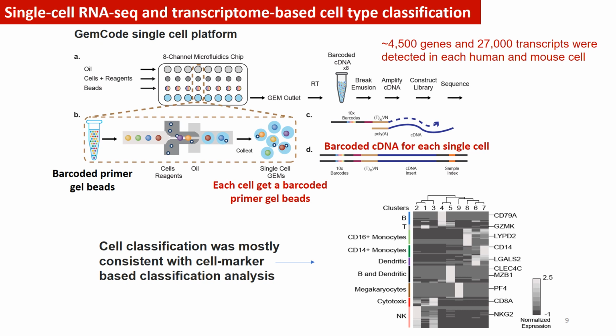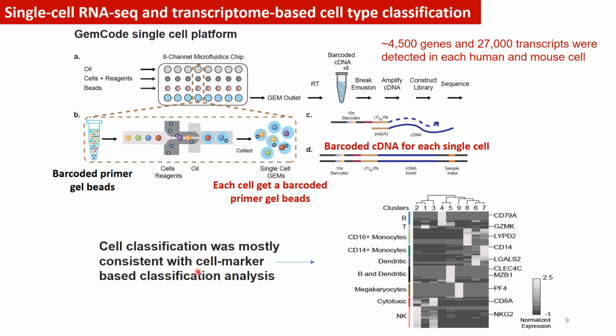Each cell is first barcoded by barcoded primer beads, which later barcode the cDNAs reverse transcribed from the RNA of each single cell. The cDNAs are then sequenced and analyzed for cell classification.